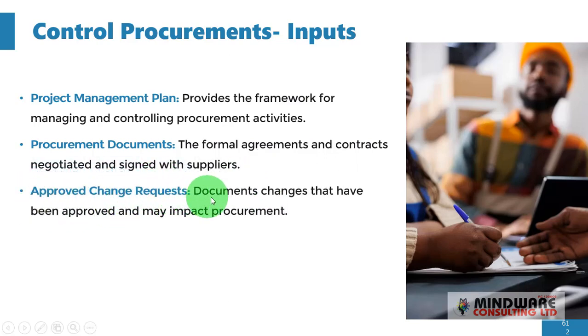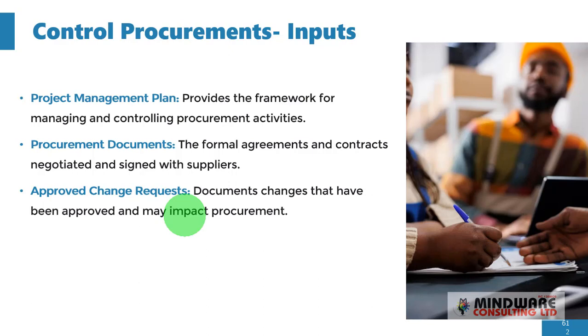Approved change requests. Now this documents changes that have been approved and may impact procurements. So the approved change request is a documentation of the changes that have been approved, okay. And not just any kind of change, but changes that have been proven to have significant impact on the procurement process and even on the project outcome itself, okay.